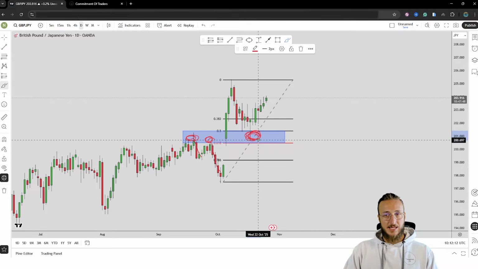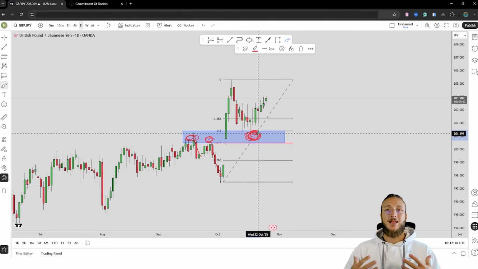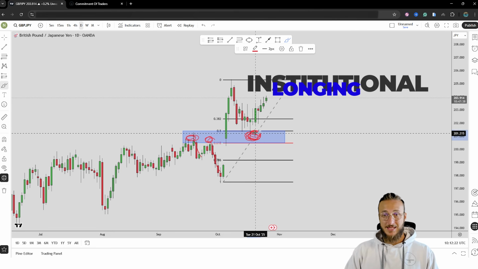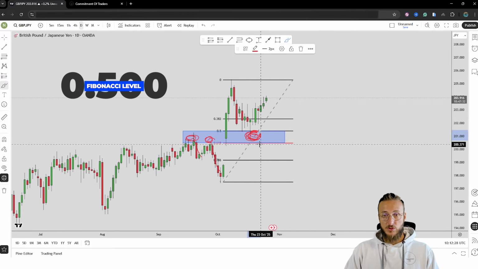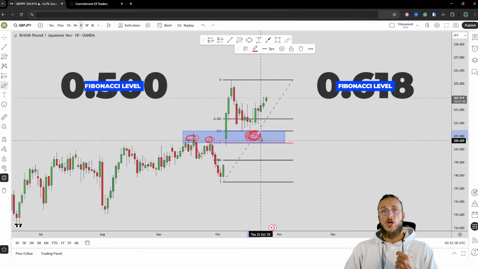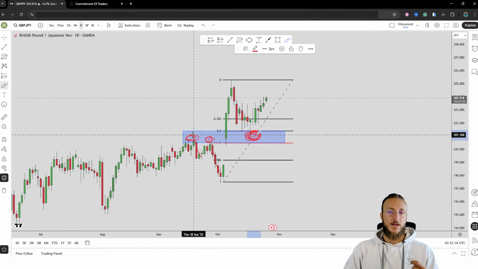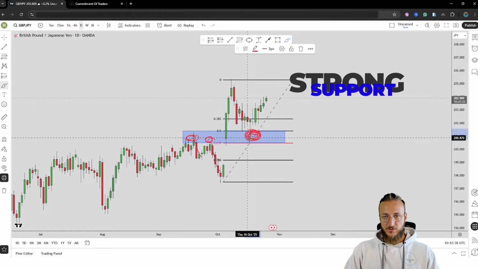And as the market was testing this zone, since it is a confluence of support area, there is an increased probability of seeing a lot of institutional buying of GBPJPY in this case inside of this area, because we have both the persons that are looking at the 50% and 0.618 Fibonacci retracements. We also have the people that are looking at support and resistance areas. So we have previous resistance turned support, all lining up inside of this zone.